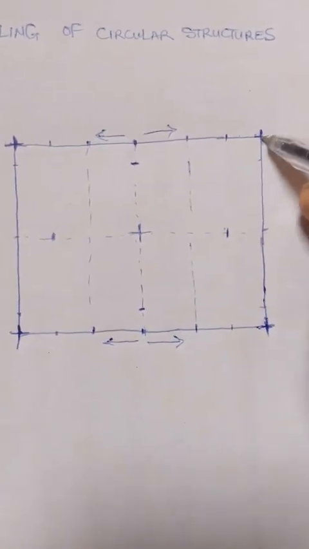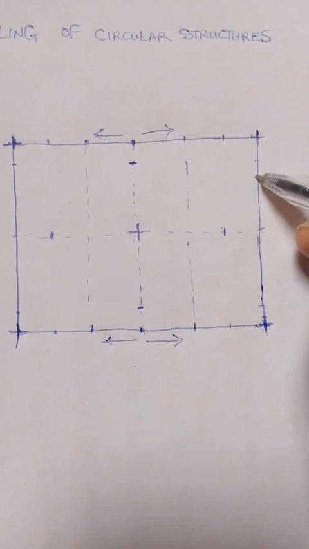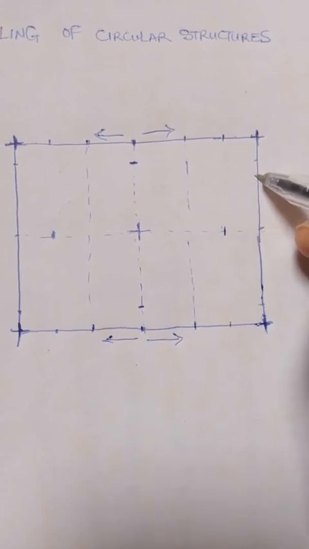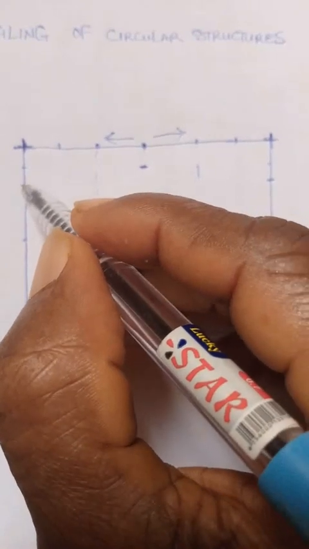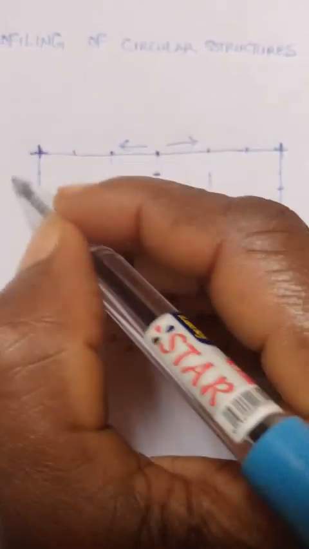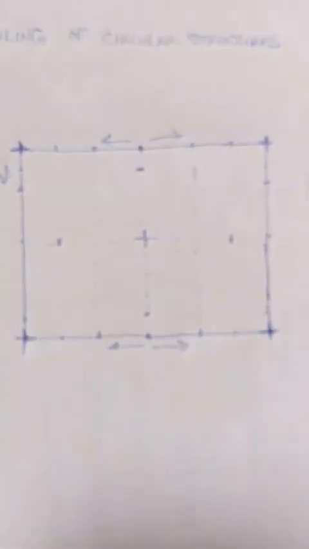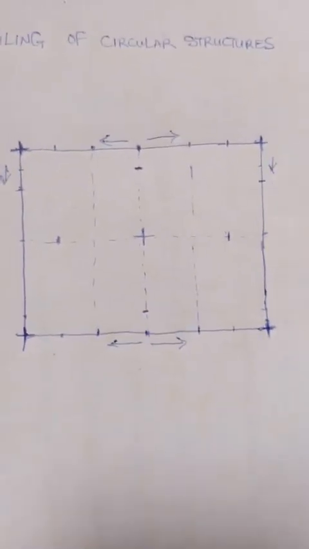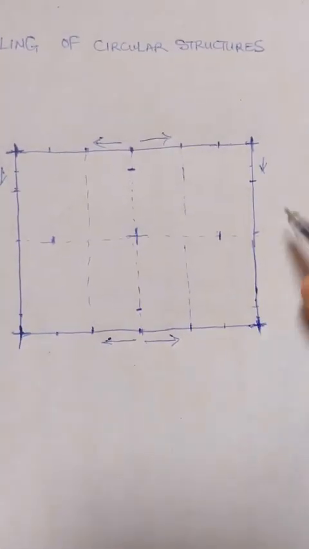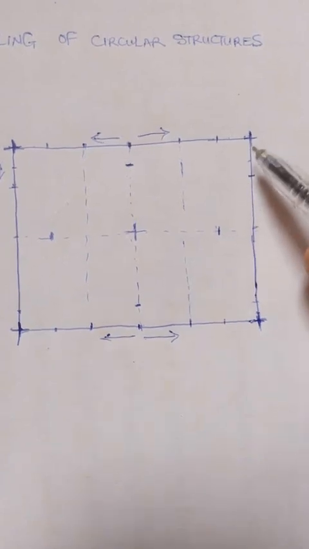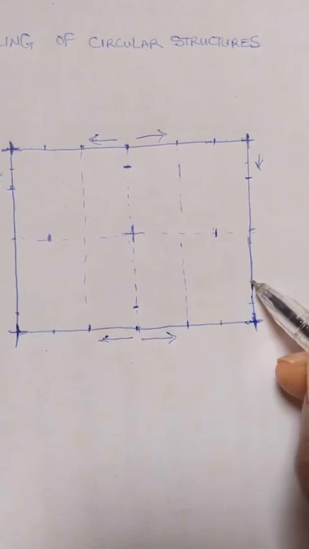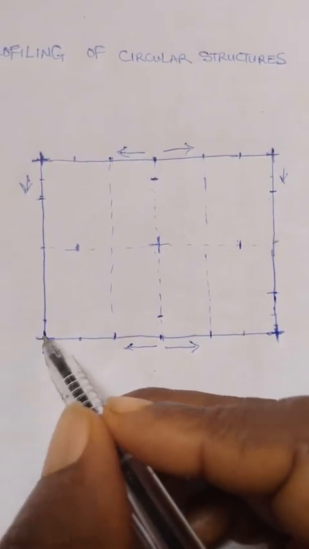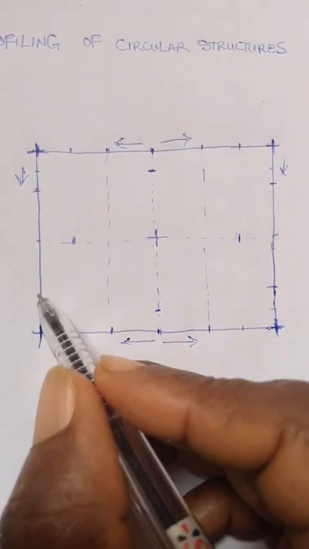Then from here too, you measure a known distance to this point. You also measure a known distance from here to this point. The same thing applies to this point. The same distance you have from here to here, you measure it from here to here, and you do the same measurement here as well.